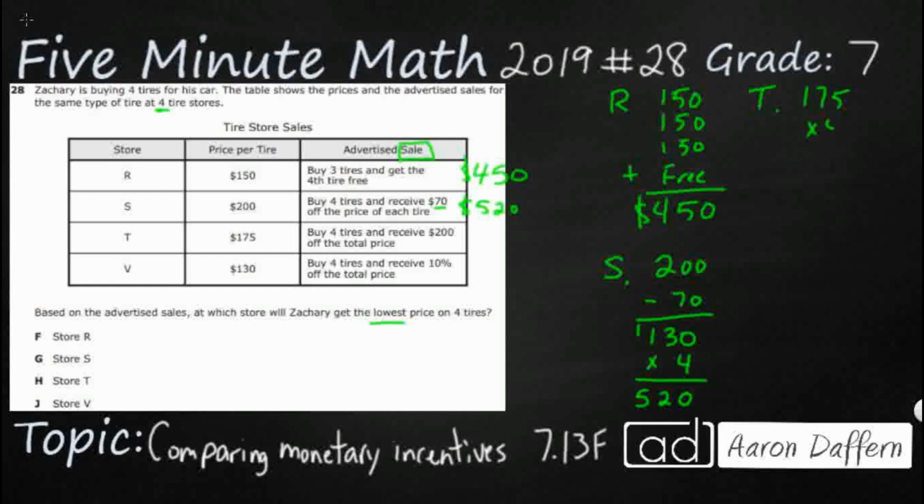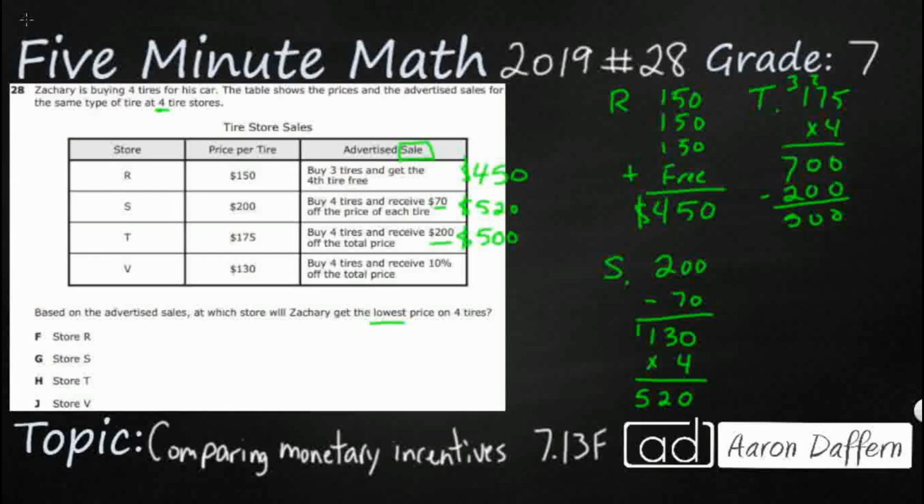That's $700, but now we get $200 off. It's a little bit better. I mean, it's better than store S, but so far store R is still looking pretty good. So we've got $500 here.